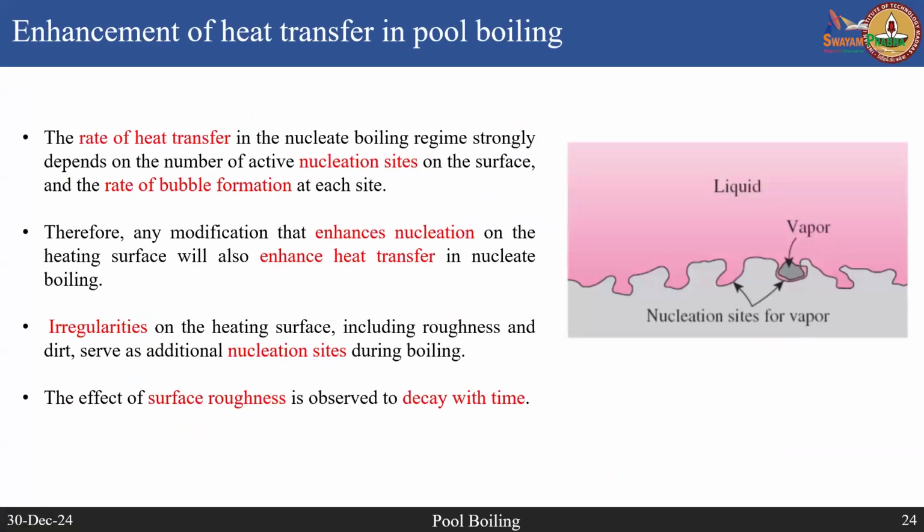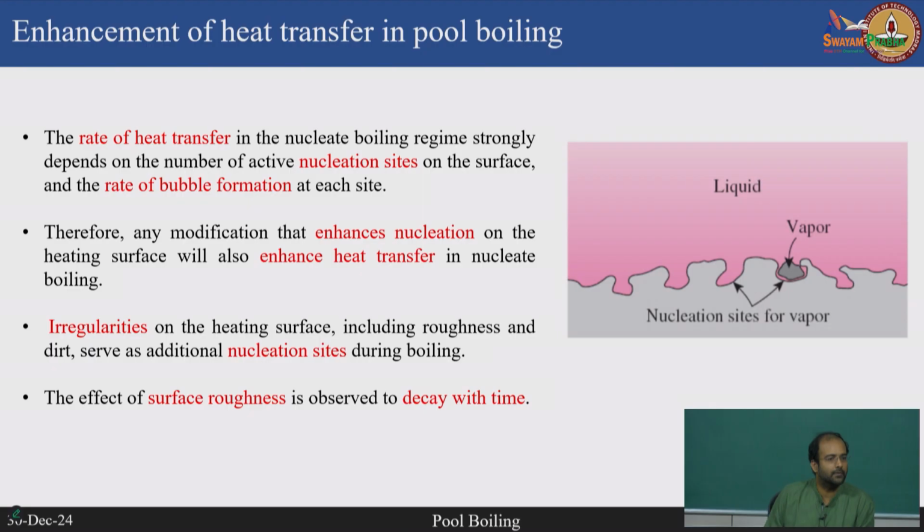Okay. Just a couple of minutes before we conclude this lecture. You all understand by now that what is controlling pool boiling is how we influence the nucleation to happen, and nucleation happens at a very small scale, of the order of microns or even nanometers, at the heater surface.